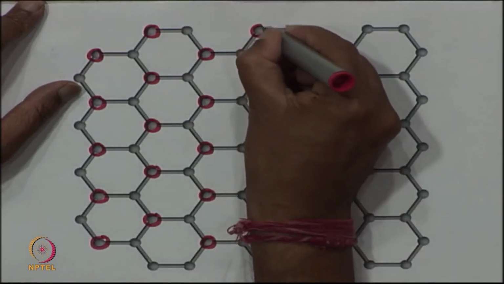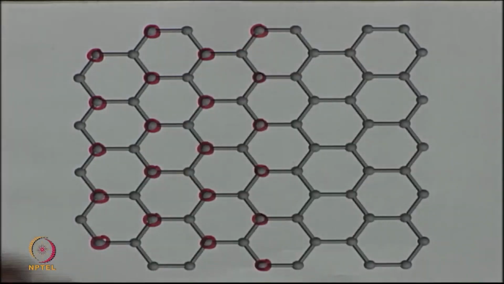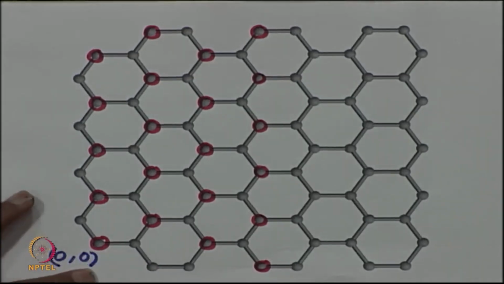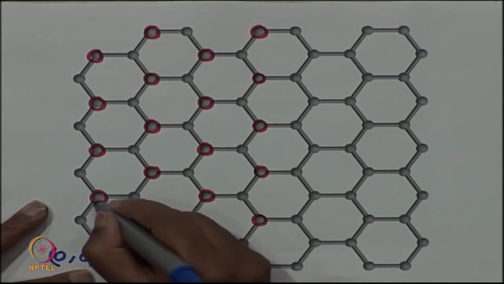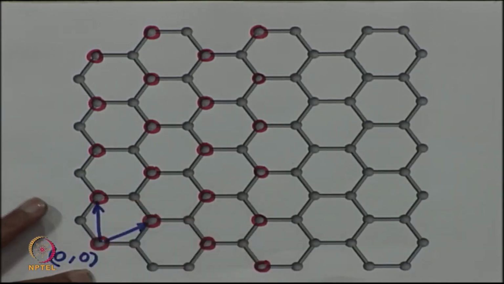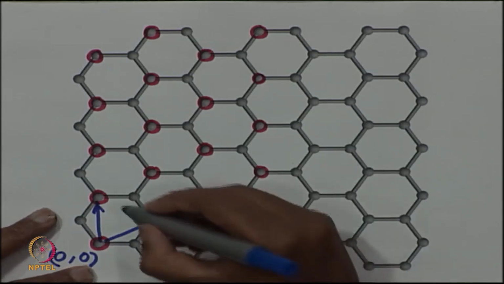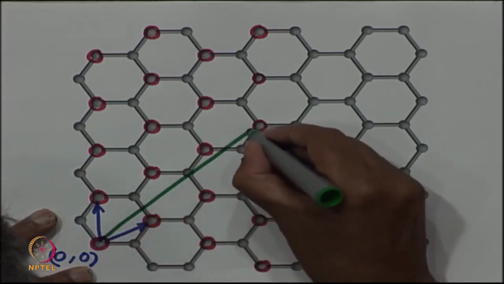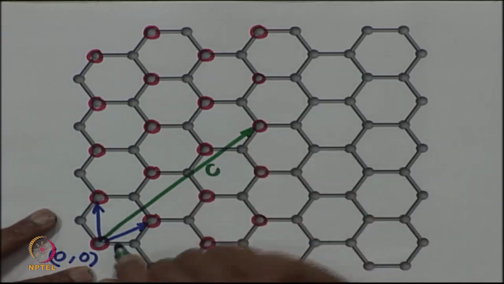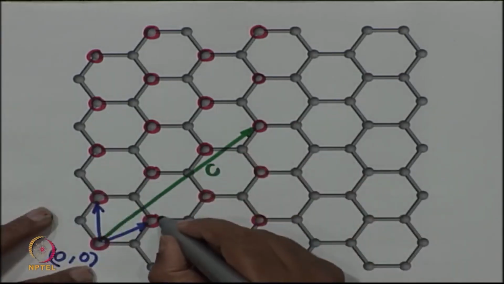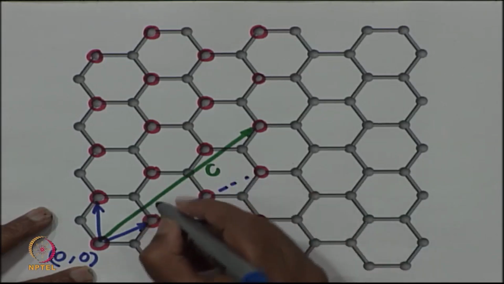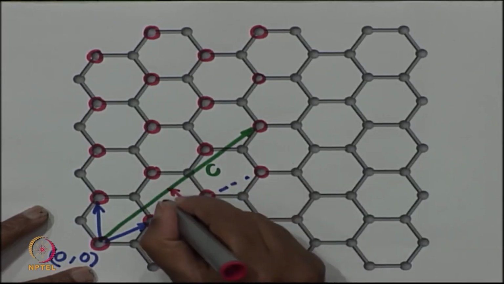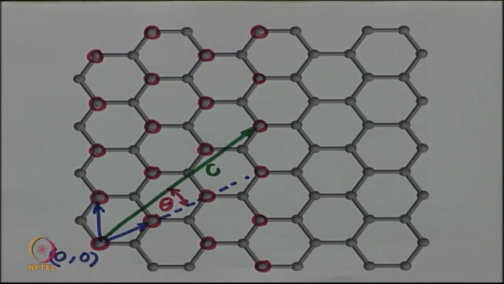So, let us say if this is my origin again and these are my basis vectors, and let us say this is the chiral vector C, then this chiral vector is making an angle theta with A1.